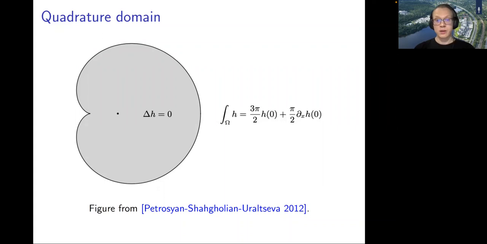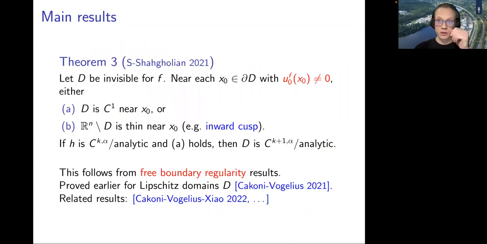Okay, and then in the other direction, let's assume that D is an obstacle which is invisible for some h which is not identically equal to 0. And the result is saying that near each point x0 on the boundary of D, where you have a non-vanishing condition for the incident wave at the boundary point x0, you have two possibilities.